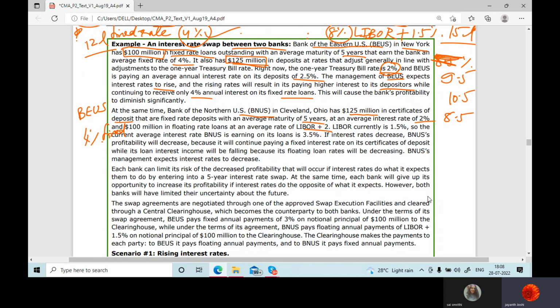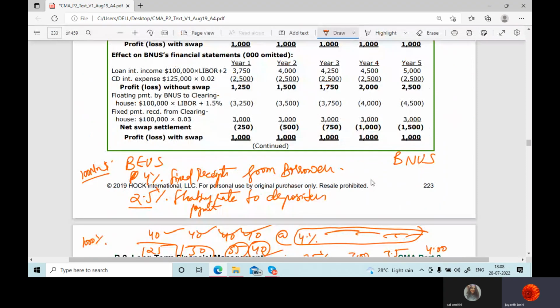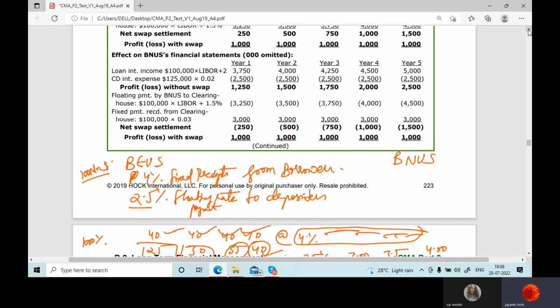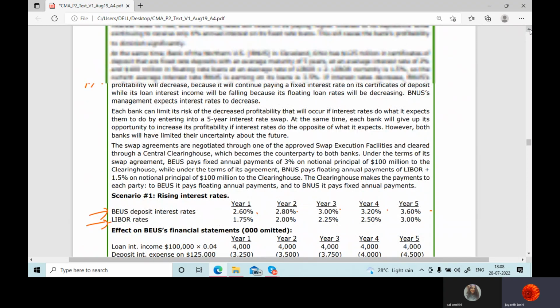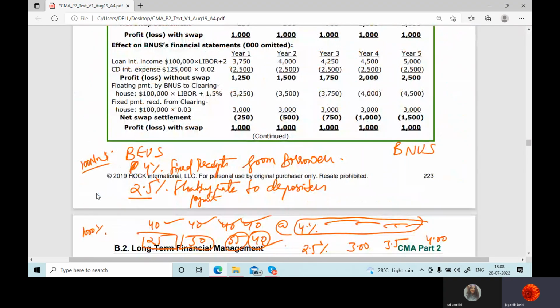So, very simply, I'll put the profile of BNUS. Here $125 million is the liability they have. This is the asset they have.